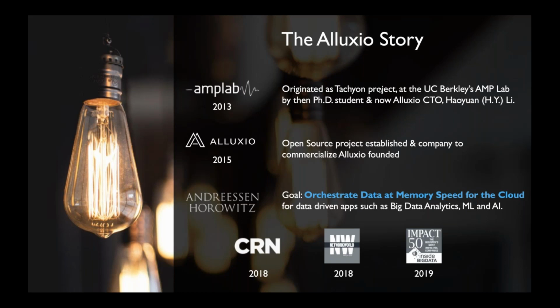At that time, Tachyon was a research project led by PhD student, now Alluxio CTO, Haoyuan Li. The project was open sourced around 2015, and we created a company committed to the open source mission, backed by top VCs, including Andreessen Horowitz.